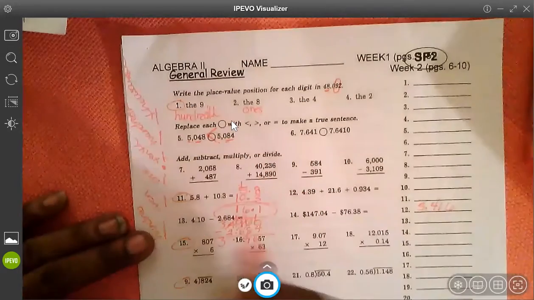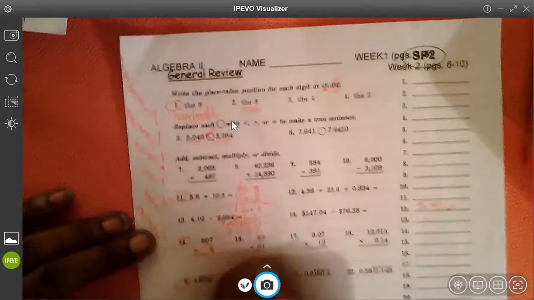Somehow our numbers got jumbled up here. So let's try that equation over. It's not quite right.